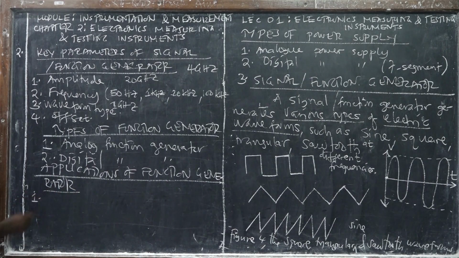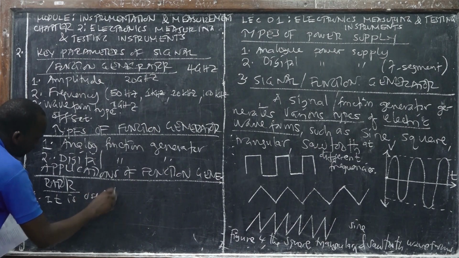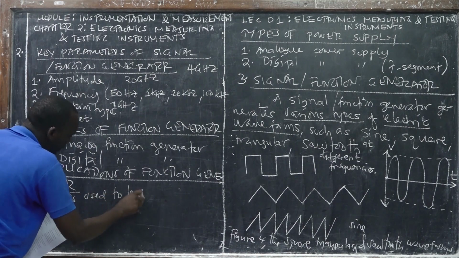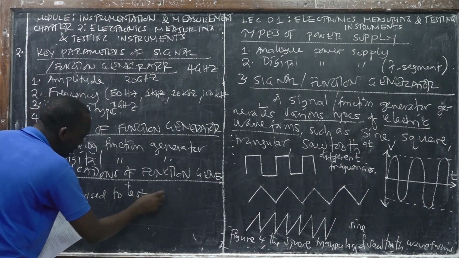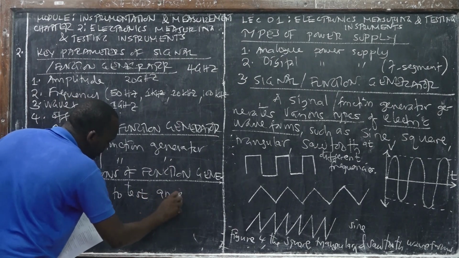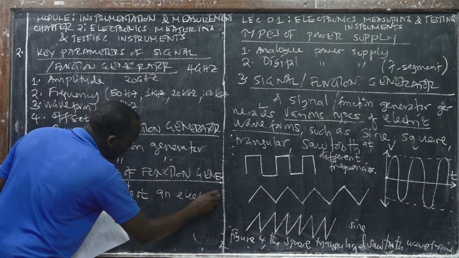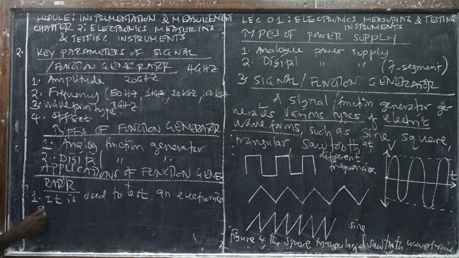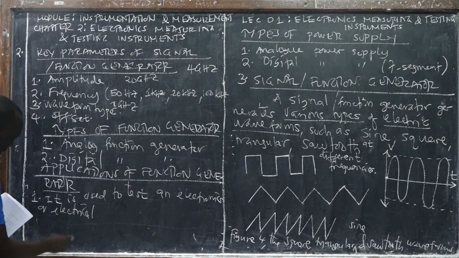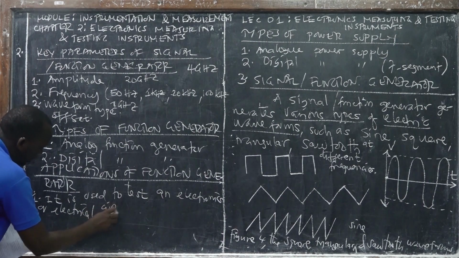The first application: a function generator is used to test a circuit, an electronics or electrical circuit. Whenever you go even into an electrical workshop, you'll find a function generator because it's common in electrical and electronics circuits.